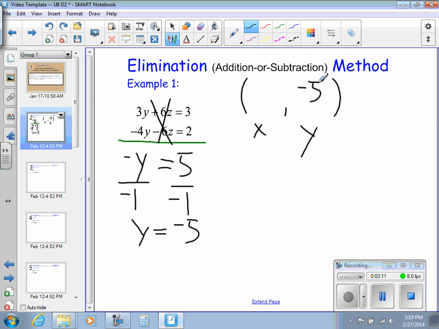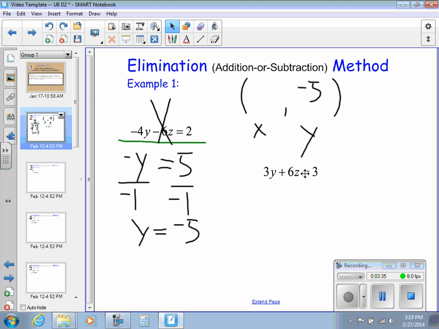To do that, I'm going to use this y that I already found, and I'm going to take one of these equations. It doesn't really matter which one. I use whichever one's easier. In this particular case, it doesn't matter a whole lot. But I'm going to steal this equation, and I'm now going to use it to solve for x.